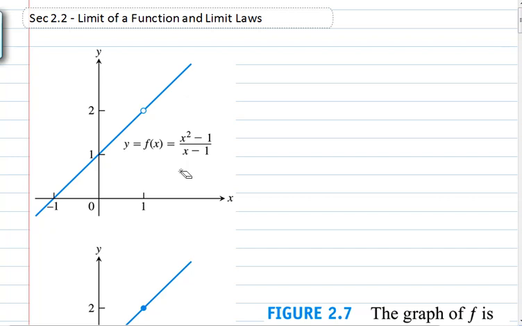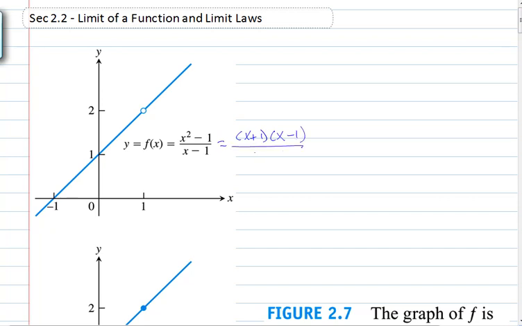Here's a rational function that is undefined at x equals negative 1. I'm sorry, at x equals positive 1. You can tell this function is undefined because there's a hole in the graph, right? And you remember from algebra that x squared minus 1 factors into x plus 1 times x minus 1, correct?